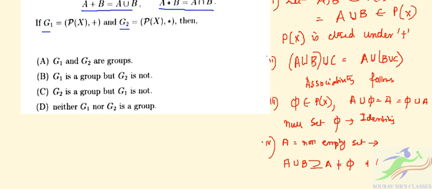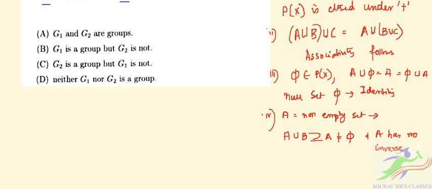So from here we can infer that A has no inverse. When A has no inverse, we cannot say that G1 is a group, so it is not a group. Now let's go with G2.